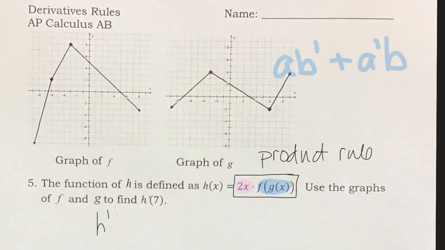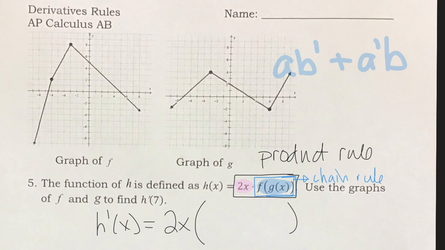h prime is equal to 2x, which doesn't change. That's our first function. But what's the derivative of our blue thing? What do we need to do to take the derivative of this? This is a chain rule. So we're going to use the chain rule to take the derivative of our second function, which looks like f prime times g prime.